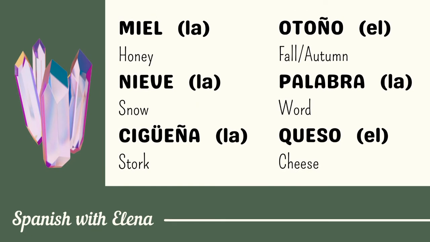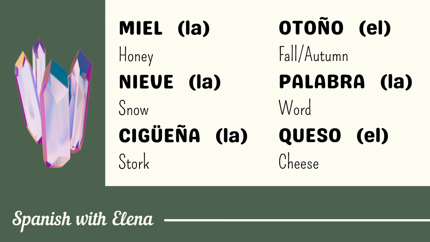Vamos con otro grupo de palabras. Primera palabra, miel, la miel. Segunda palabra, nieve, la nieve. Remember when I told you about the pronunciation of the letter V?